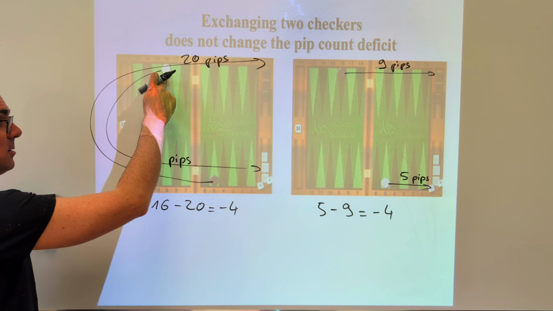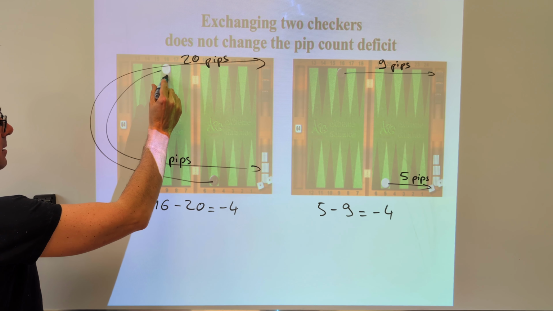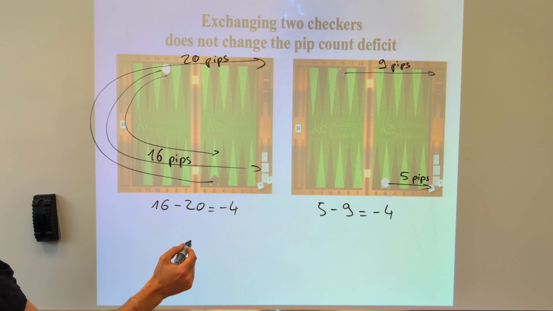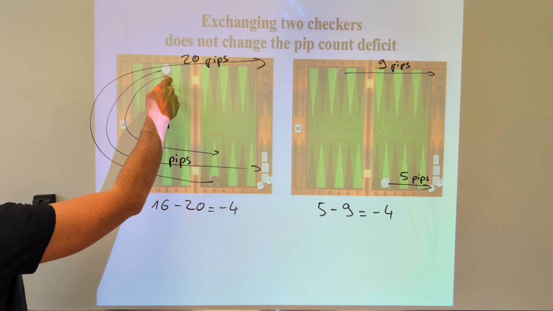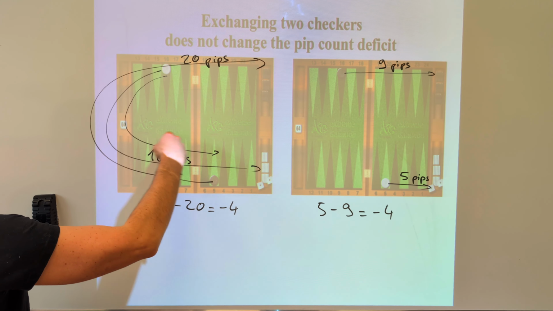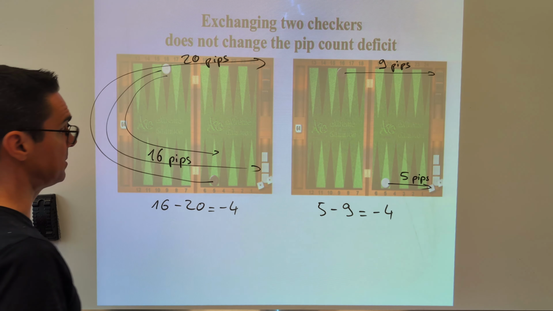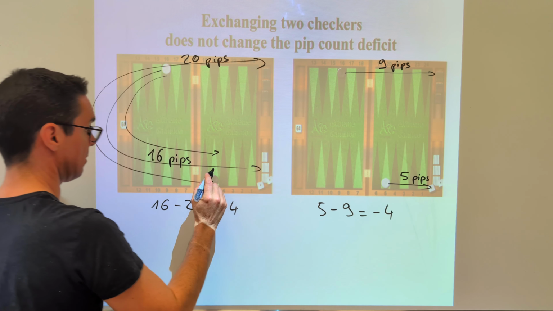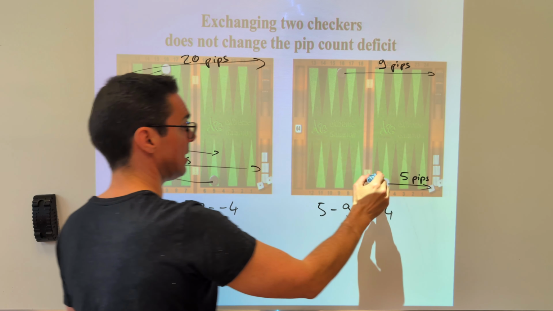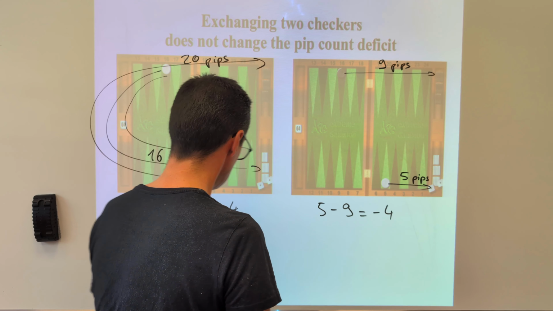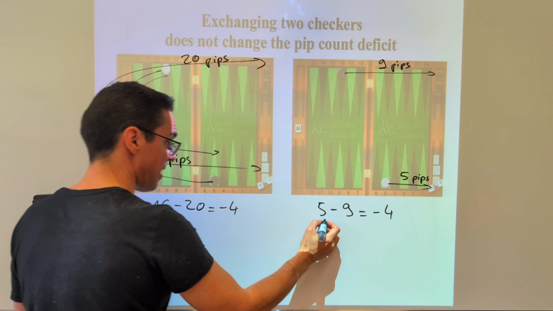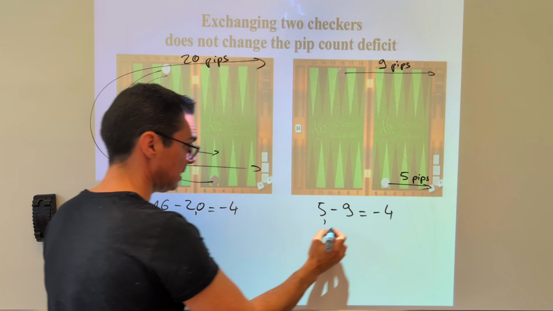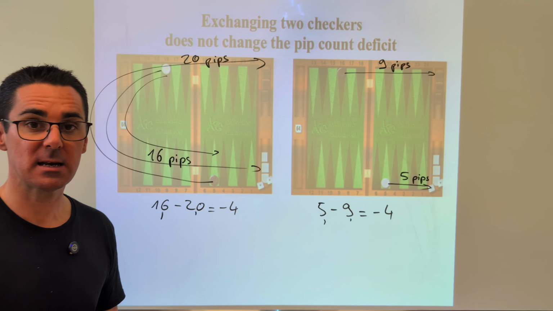Here, the white checker has gained 16 to 5, 11 pips. And the black checker here has gained the same, 11 pips. So you change 16 to 5 by doing minus 11, and you change 20 to 9 by doing minus 11.